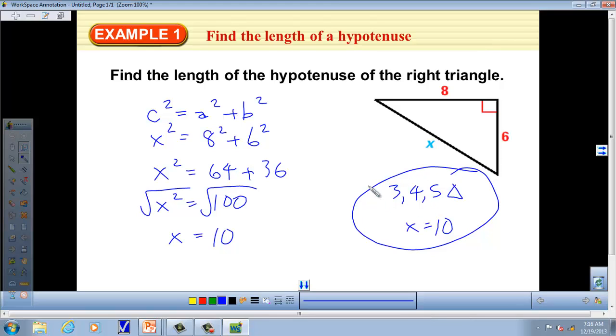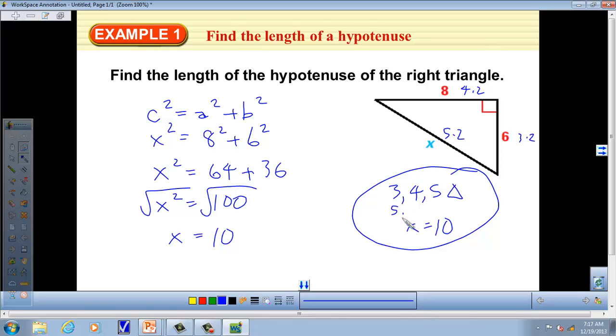And any multiple of these will work as well. So for example, 6, 8, and 10 is 3 times 2, 4 times 2, so it matches that this should be 5 times 2. You'll see this a lot, so I would just memorize this one.